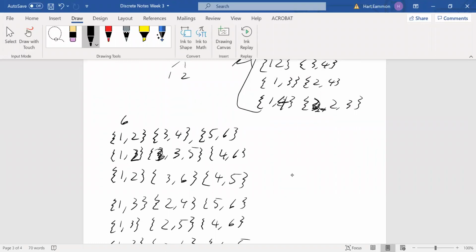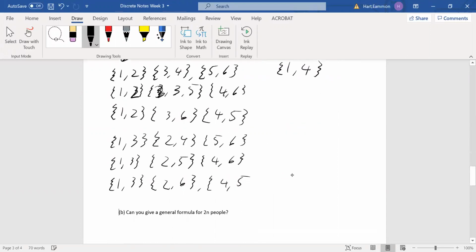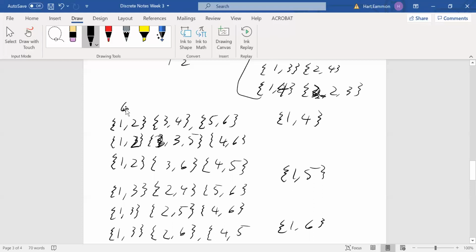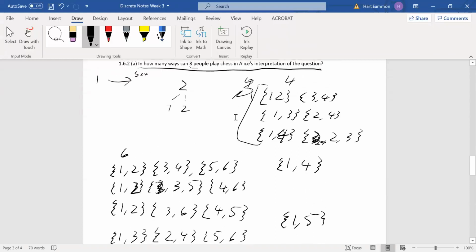And now we can move on to all the elements with one paired with four, all the elements with one paired with five, and all the elements with one paired with six. But if we notice something, both of these look like one paired with two, and then something that's essentially the same as all of these pairings, right?